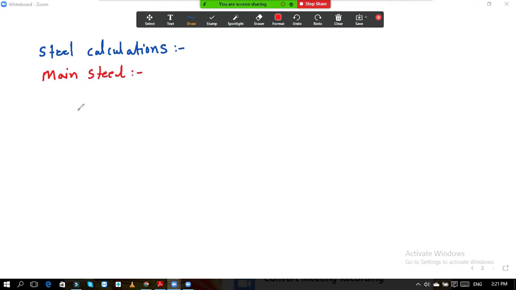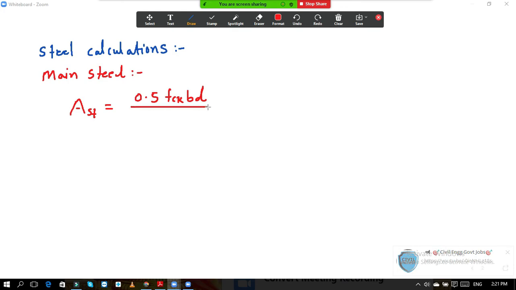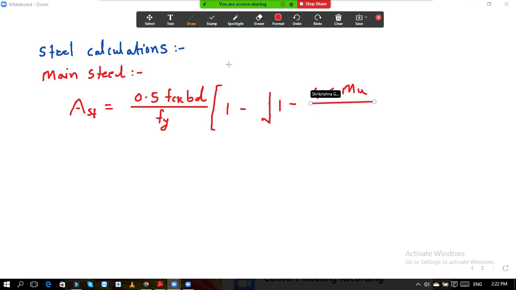we know the formula. AST is equal to, what is the formula? 0.5 FCK BD whole divided by Fy, in bracket 1 minus under root 1 minus 4.6 Mu upon FCK BD square.